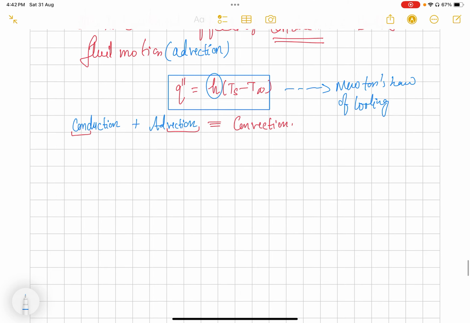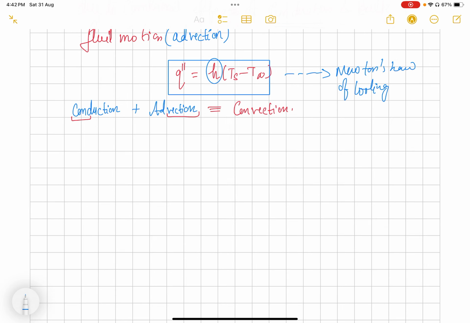H is a very complex property. H is known as the convection heat transfer coefficient. It is a function of various parameters, so that's why I said it is a complex property.